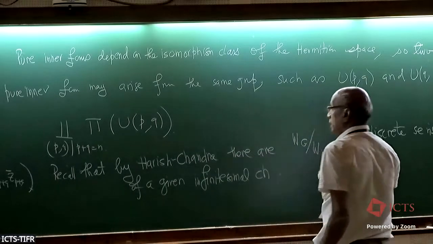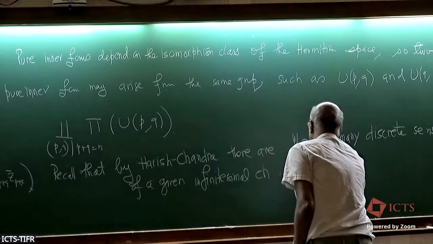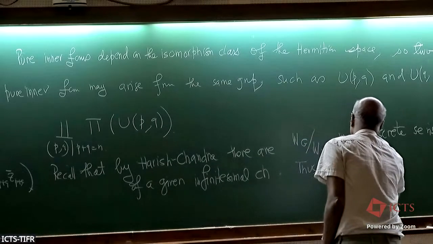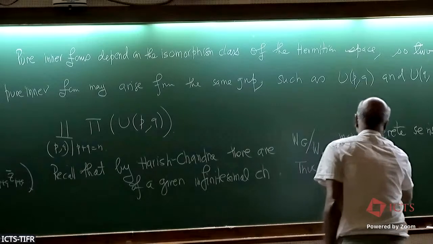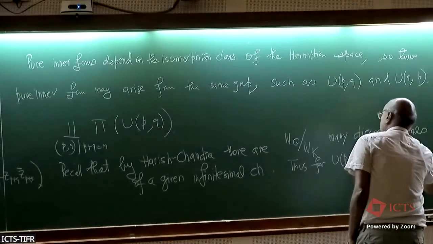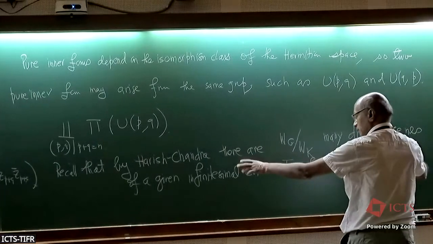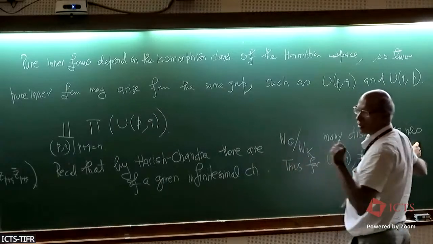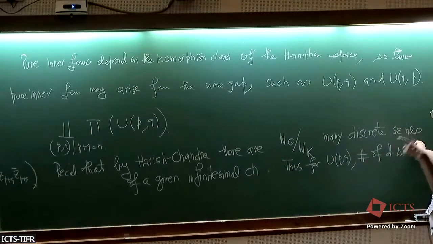So for U(p,q), the discrete series representations of a given infinitesimal character make up what is called the L packet of discrete series for these groups.